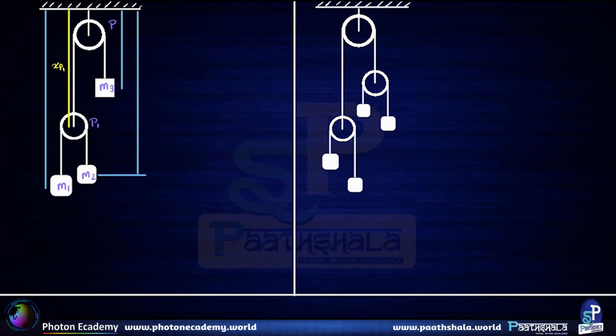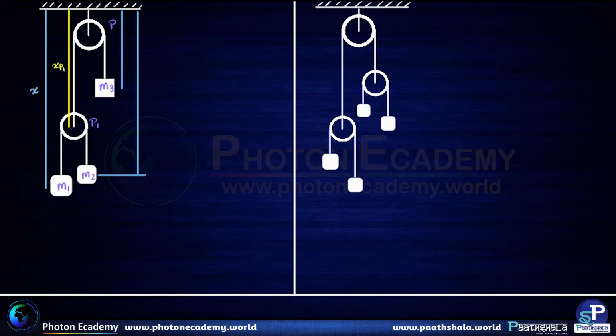So we are taking the distances from the center of mass of each of the blocks. However, here we will also consider that these are point objects, so the center of mass and the location of the point object is one and the same. So this happens to be x1, this happens to be x2, and this happens to be x3.